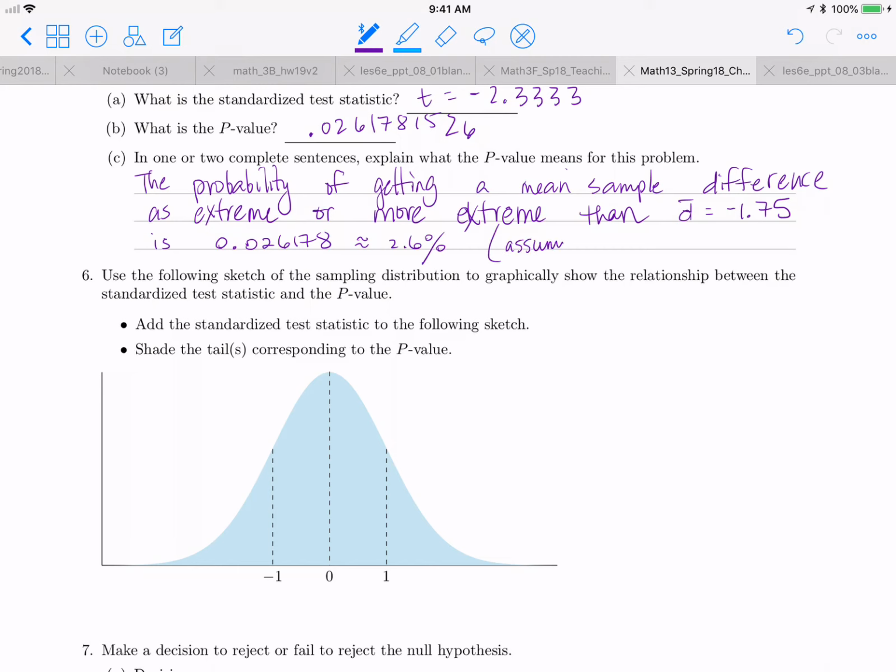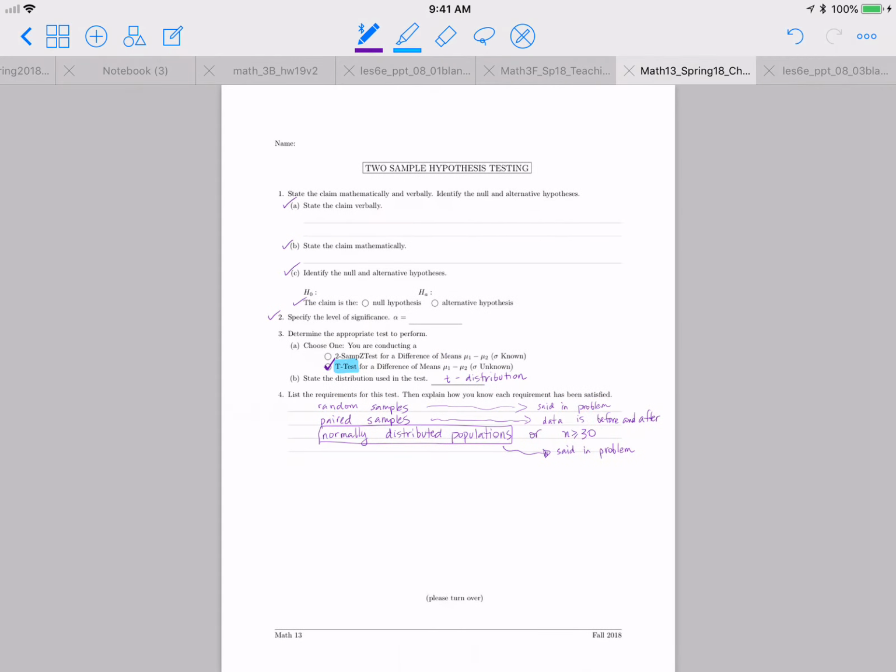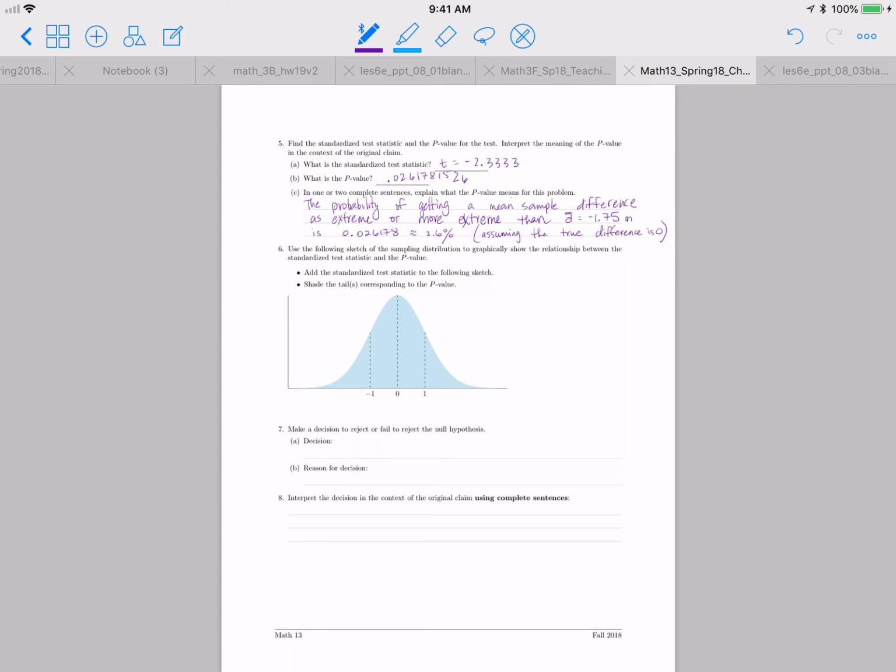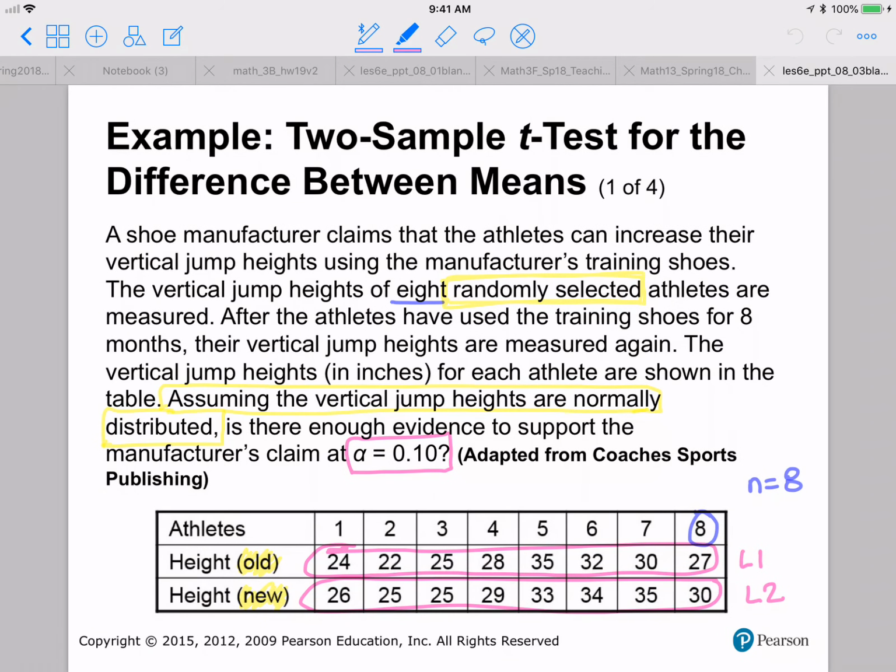Assuming the true difference is 0, right? So if the true difference in the population is 0, how likely is it that we would get a difference of 1.75 meters or centimeters? I don't know, what were the units for the jumping, because they were jumping, right?